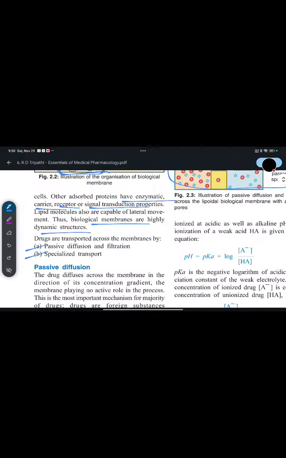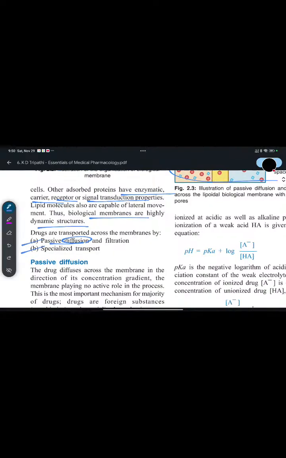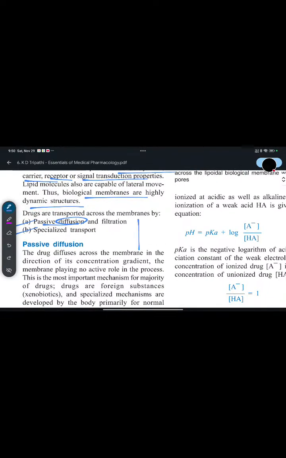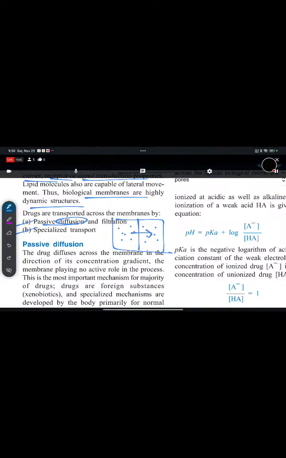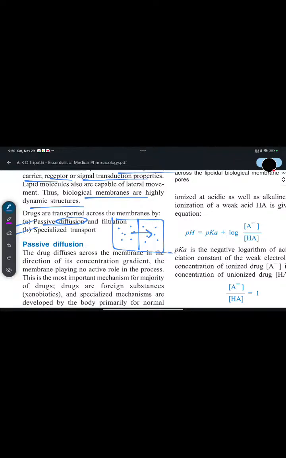In the case of passive transport, what is diffusion? Diffusion is movement of substance across the membrane from higher concentration to lower concentration. If you take two different solutions, one highly concentrated and the other weakly concentrated, what will happen?